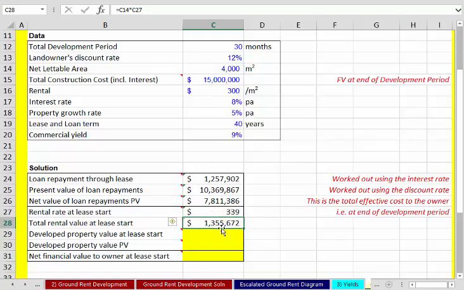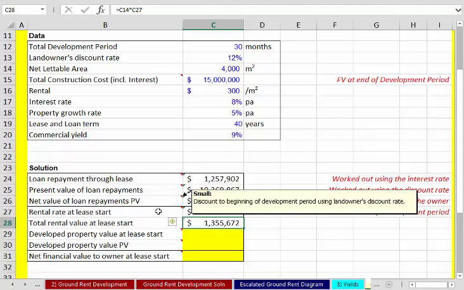It means that the landowner now is earning $1.35 million per year. They're paying out $1.25 million in loan interest and principal repayments, and so they're making a bit of a profit out of it.